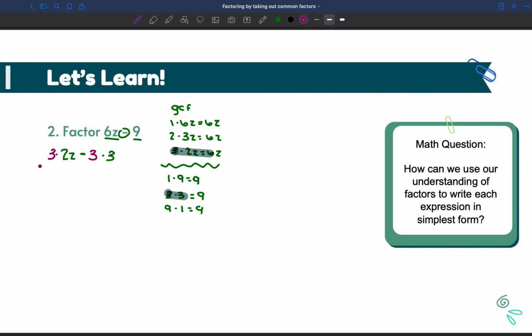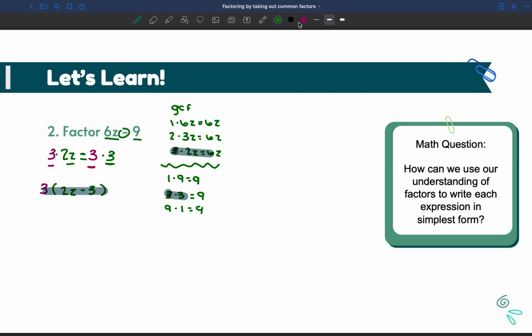And now we need to take our GCF, our common factor, and we're going to stick it on the outside of a parentheses. And we're going to rewrite what we have left, which was 2z, a minus sign, and a 3. So now we have 2z minus 3 as our factored form. And that would be our final answer after we have factored.